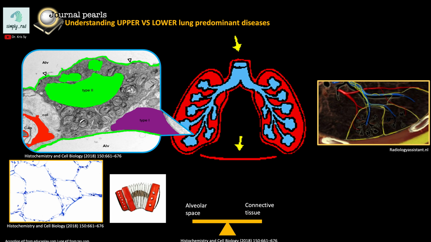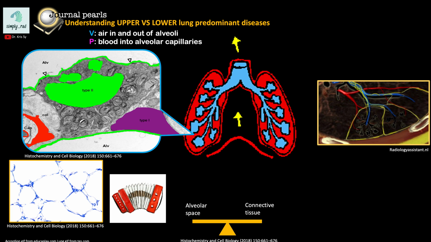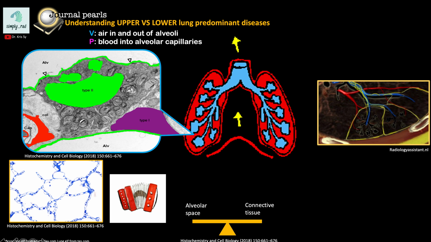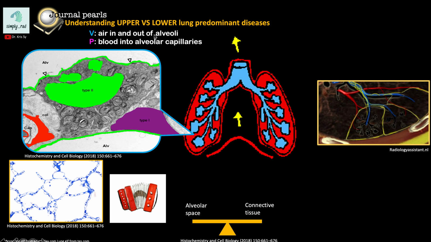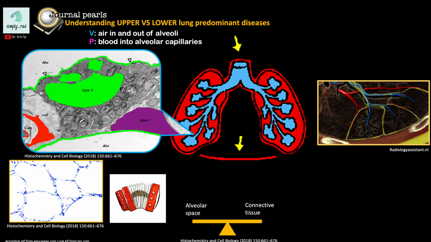Now let's talk about ventilation and perfusion. When you say ventilation, it is air exchange within the alveoli. And when you say perfusion, it's blood reaching the capillaries.